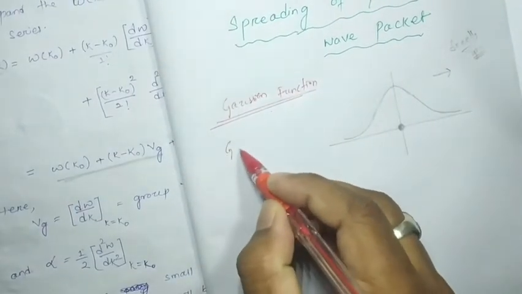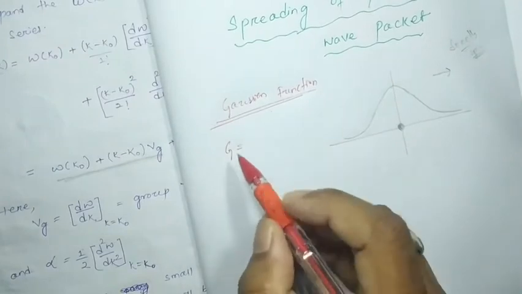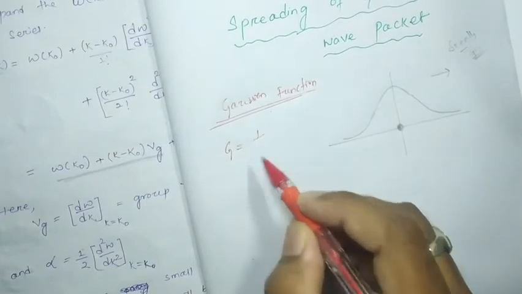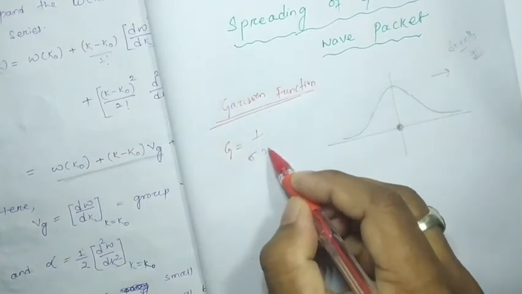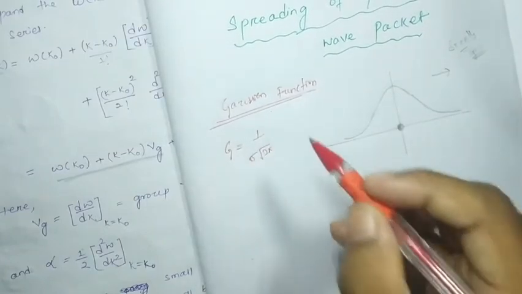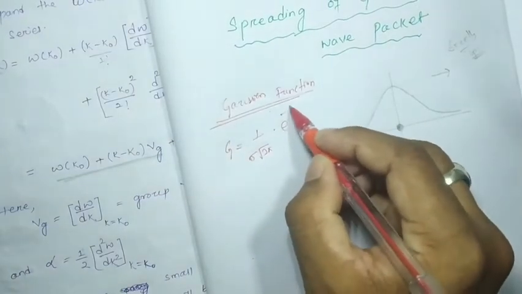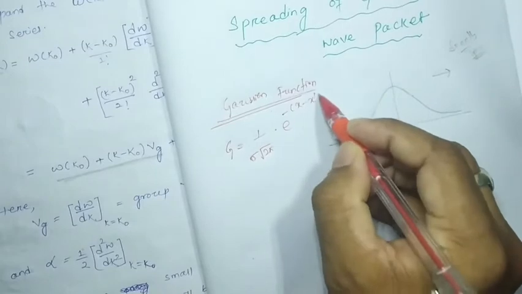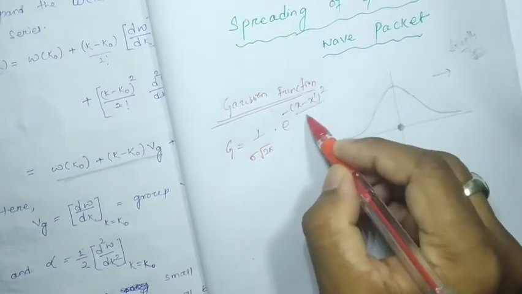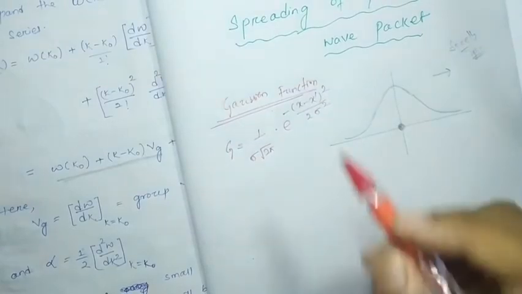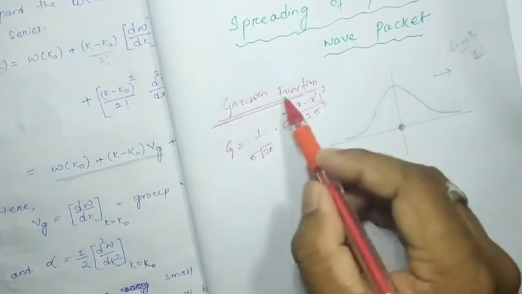In general, the Gaussian function can be written like this: z equals 1 by sigma root 2 pi, times e to the power of minus (x minus x dash) square divided by 2 sigma square. So this is the general Gaussian function.